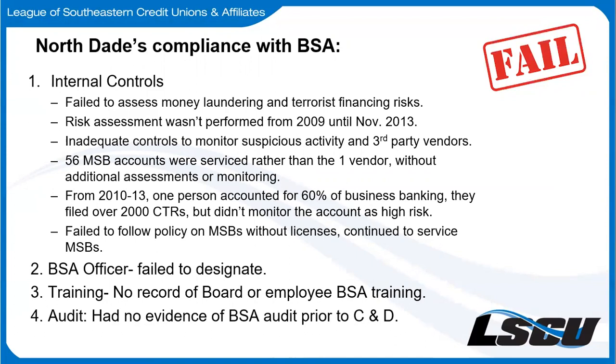For over 3 years, one individual accounted for 60% of the credit union's entire business portfolio, while filing over 2,000 CTRs without placing the credit union at a high-risk status. Additionally, the credit union did not designate a BSA officer, nor did they conduct annual training for their employees or have any evidence of a BSA audit.